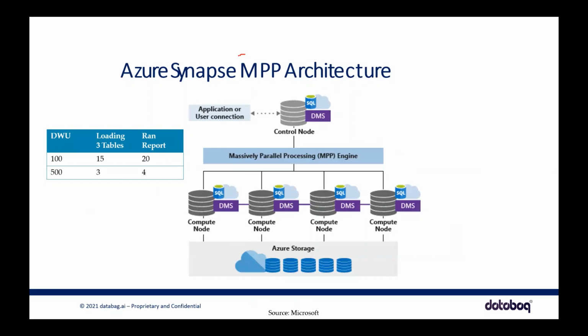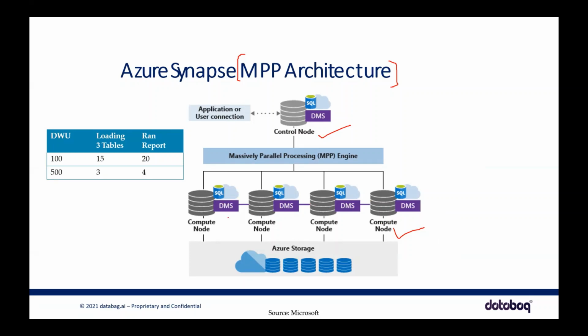Like I said, Azure Synapse works on top of MPP architecture. What is MPP? It's a massively parallel processing engine. Like I told you, you have a control node, a compute node, a manager, and a developer. All the requests go to the control node, and the control node orchestrates which compute node to send the request to, and based on that it executes the query, either a SQL query, a Spark job, Spark code, or Python code.